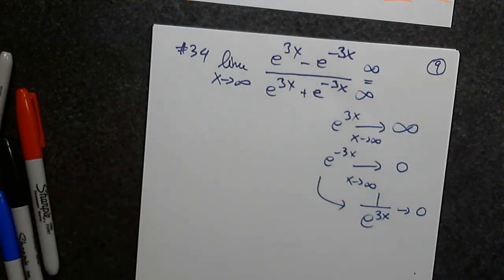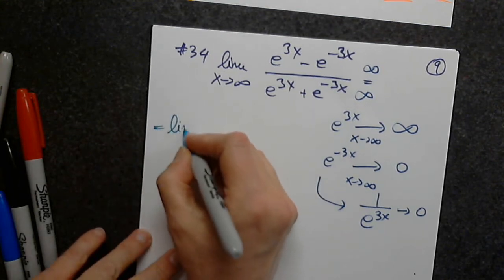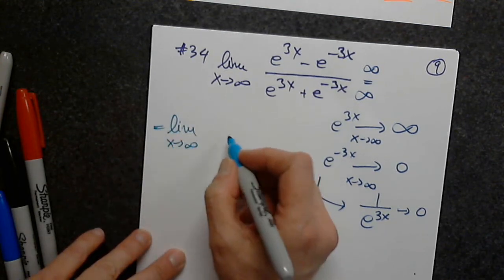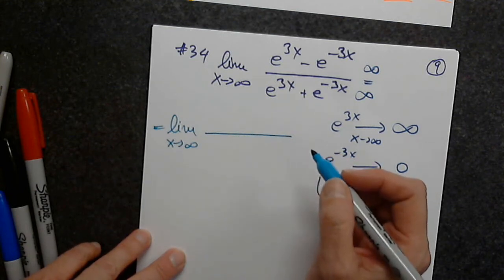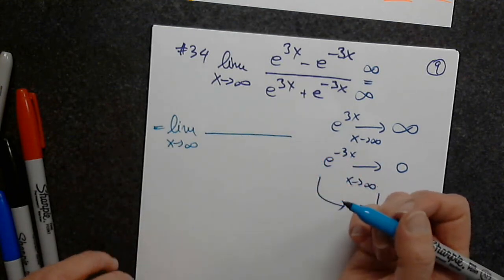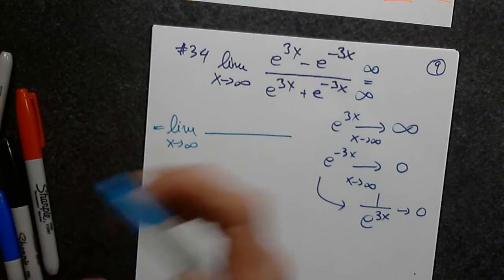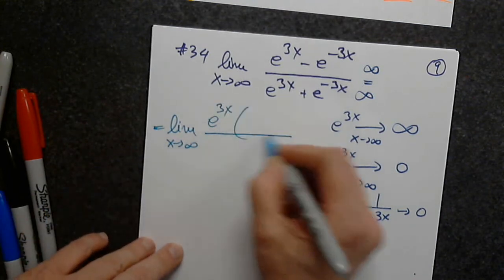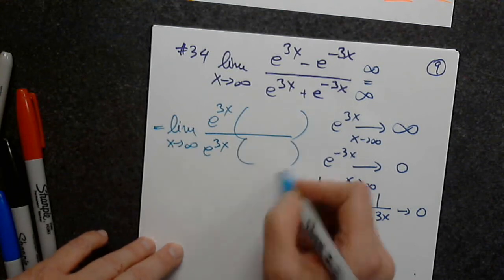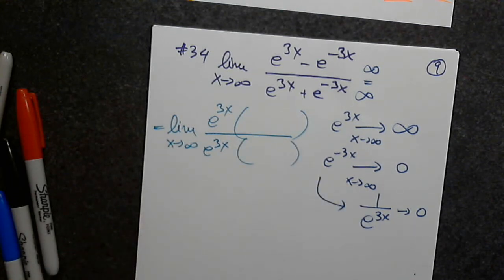Good. So this is the second indeterminate case that we are looking at. So what do you think we're going to do? Yes, what? Excellent. Now carefully tell me what you have in parentheses, top and bottom.